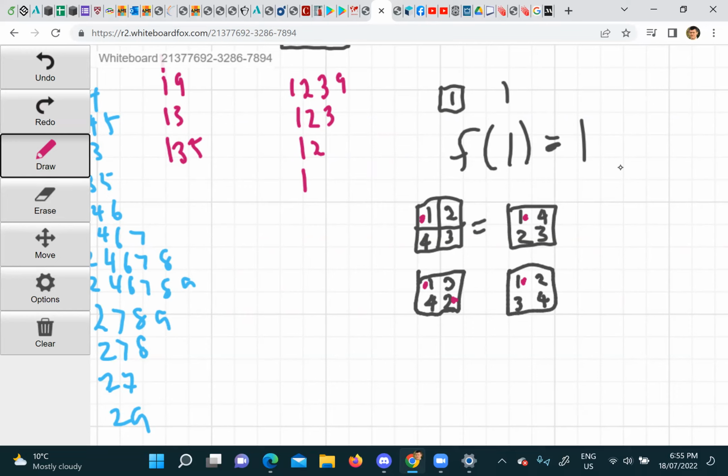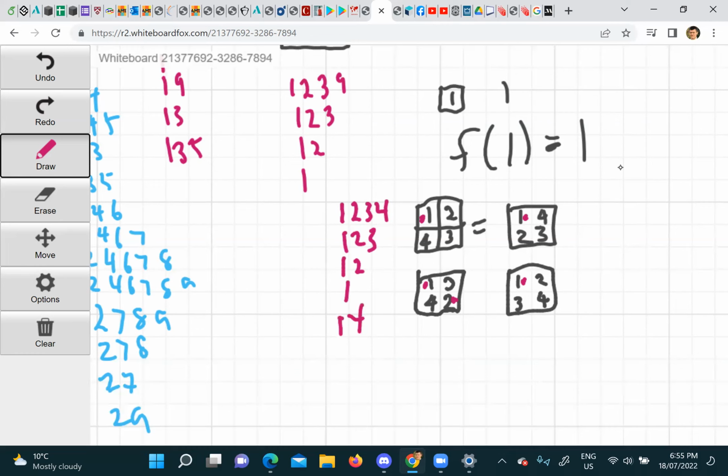Okay, so this could be like 1, 2, 3, 4, yeah? It could be 1, 2, 3, 1, 2, it could be 1, and then it could also go 1, 4 straight away, yeah? See that?